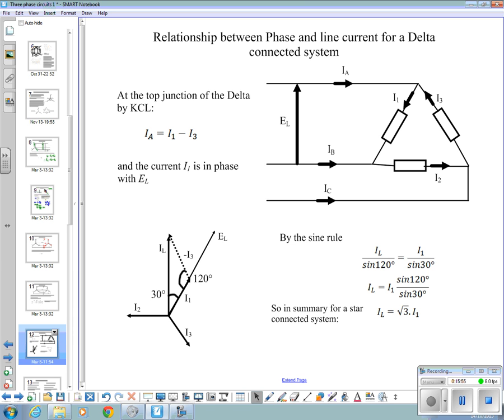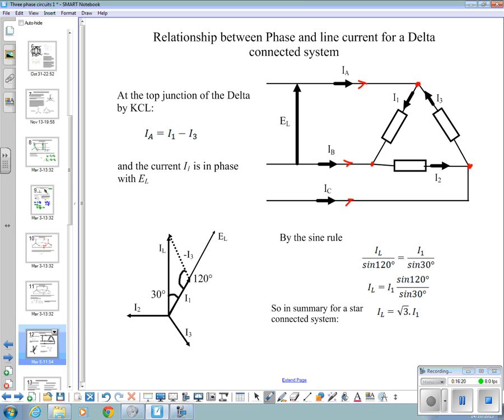We get line currents, IA, IB and IC, flowing in the lines like so, but when they come to the nodes here, here and here, the IB splits into 2 currents, IC splits into 2 currents, IA splits into 2 currents.